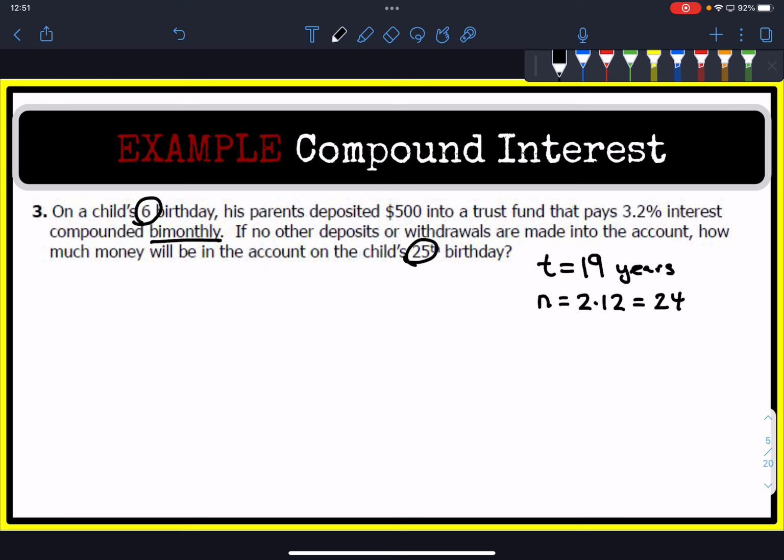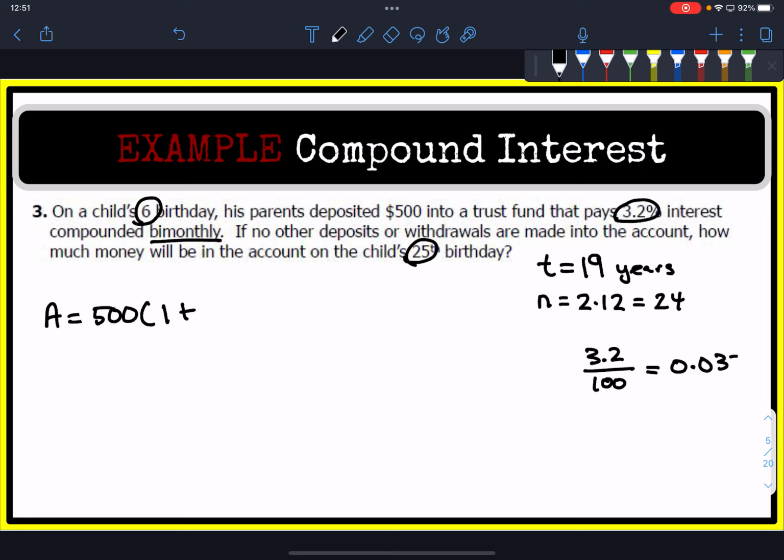Plugging in the corresponding values, the account balance is going to equal the initial principal of $500 times 1 plus 3.2%, which is 3.2 out of 100, or 0.032, divided by 24, raised to 19 years times 24 as well.